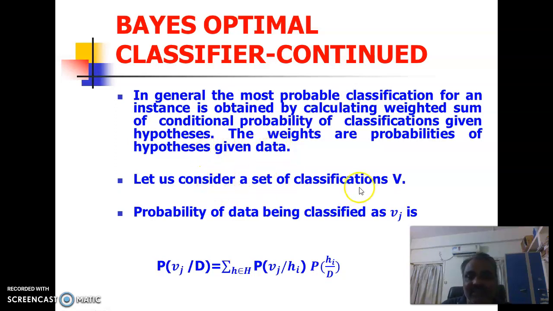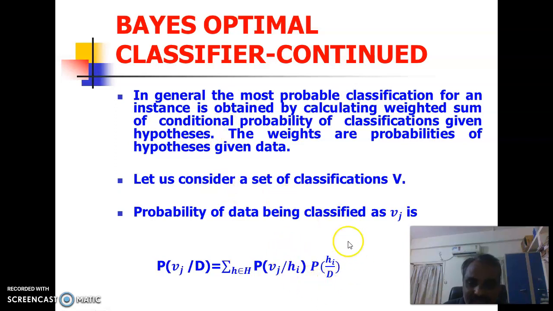Let's consider a set of classifications capital V. The probability of data being classified as Vj is given by P of Vj given D, which is equal to the sum over Hi an element of capital H, of P of Vj given Hi into P of Hi given D. That's what the weights are, probabilities of hypothesis given data.